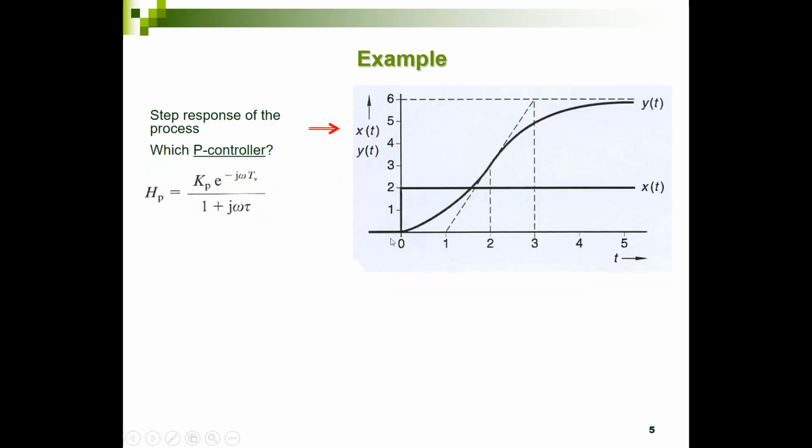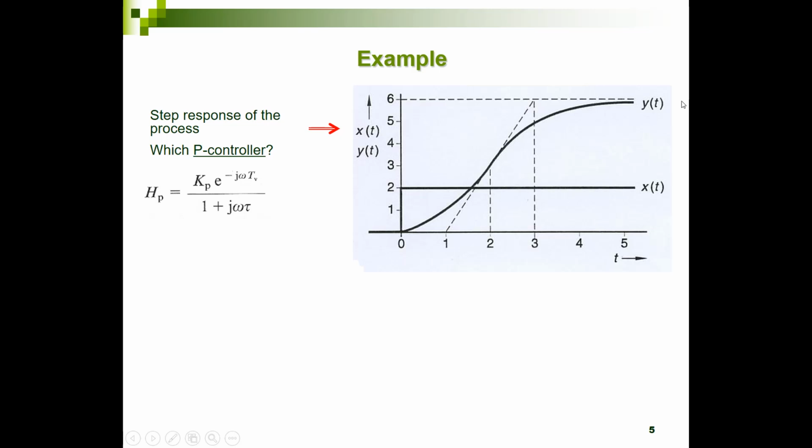In this example, I have this curve of my output signal. I applied a step input to my system with a step equal to 2, and this is the outcome of my system. This is the response function y, and we can see that the end value of y equals 6.